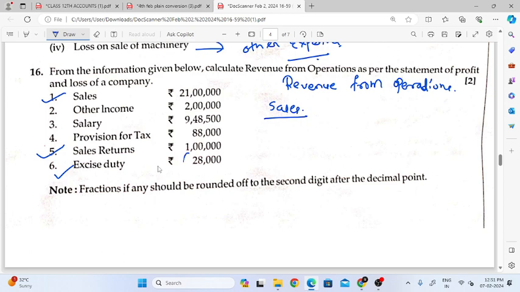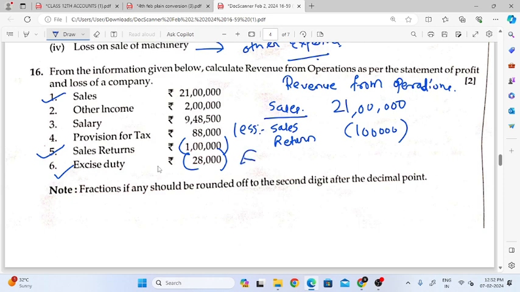Excise duty is subtracted from sales and sales return is also subtracted from sales. So the sales actual amount is 21 lakhs. Then less sales return, that is 1 lakh.